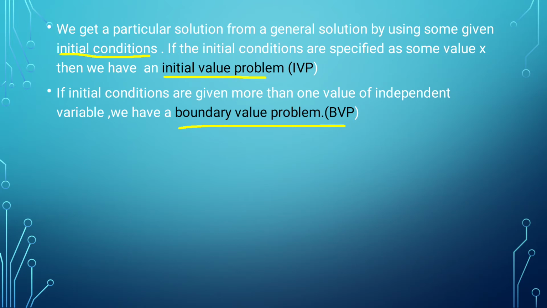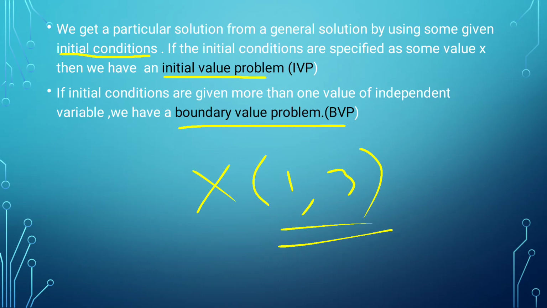It's like you have x given to be within 1 and 3. So you can see in this case the conditions for x are at 1 and 3, and these are boundary value problems. For an initial value problem, you'll find that the value of x is given as just 1. So that's the initial value problem.